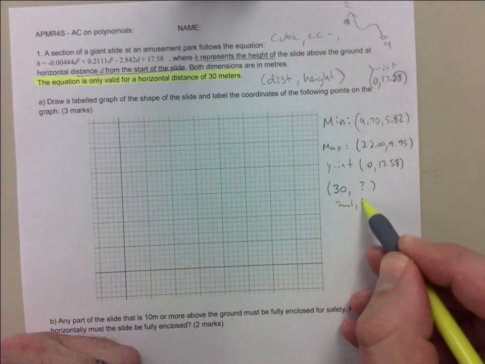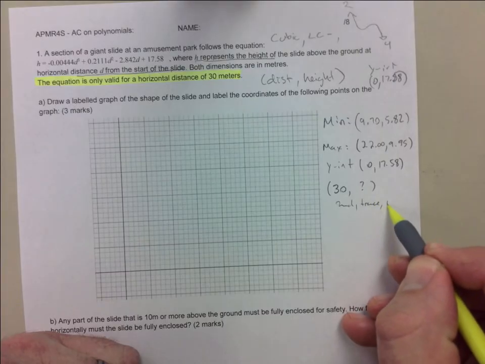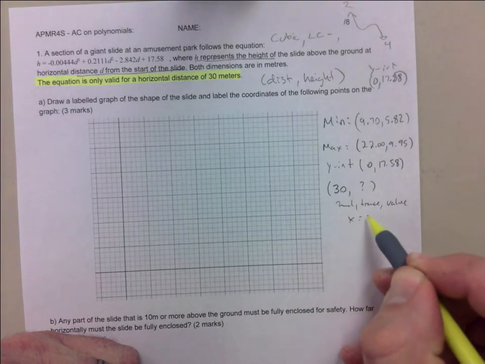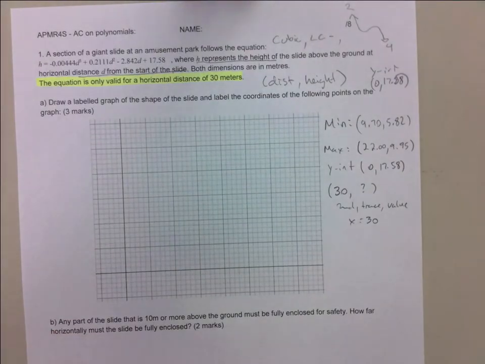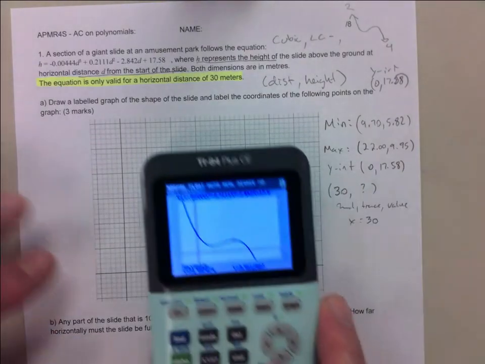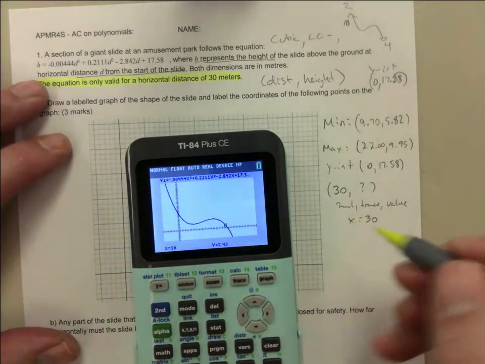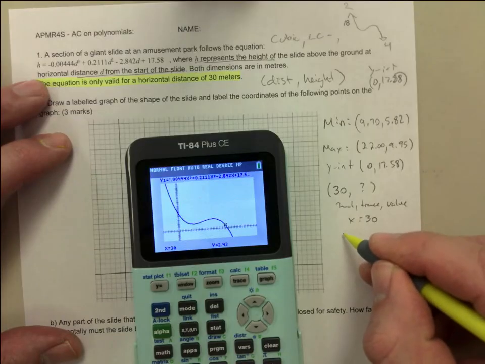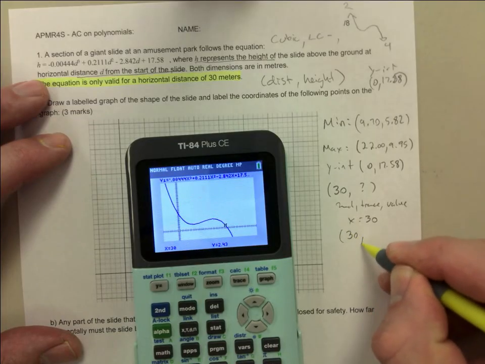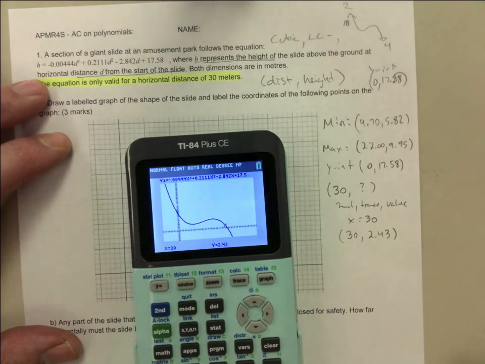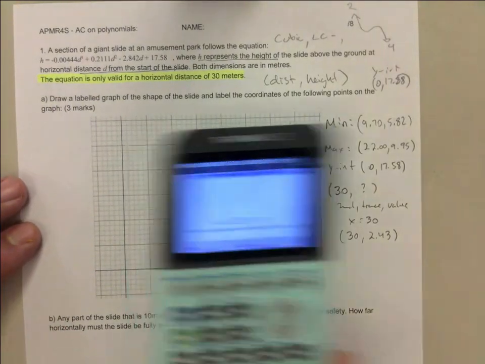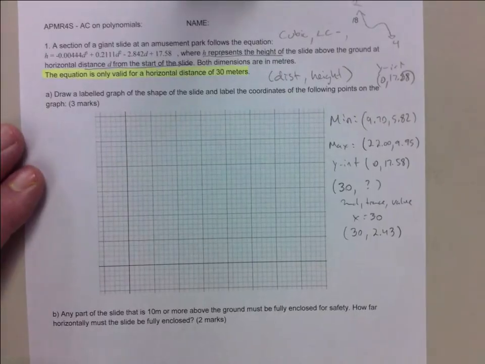I'm going to go second trace value, x is equal to 30. Okay? So I'm going to find that. 30. That's 2.43. Okay? So those are points I think that are enough to help me out here.